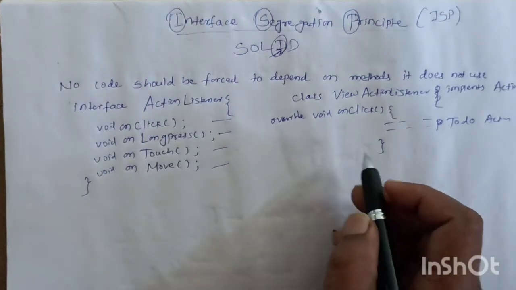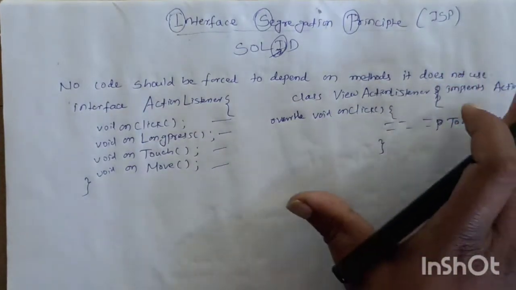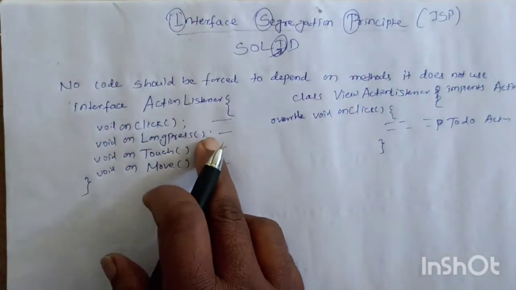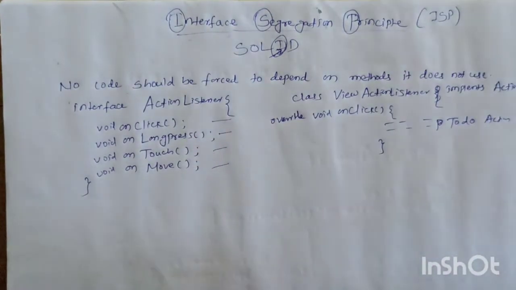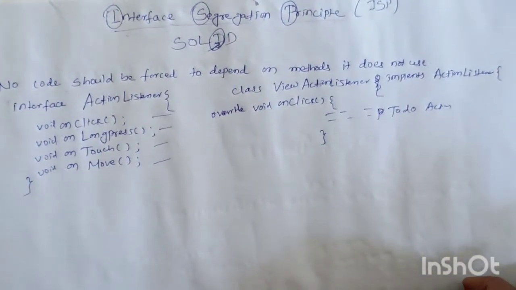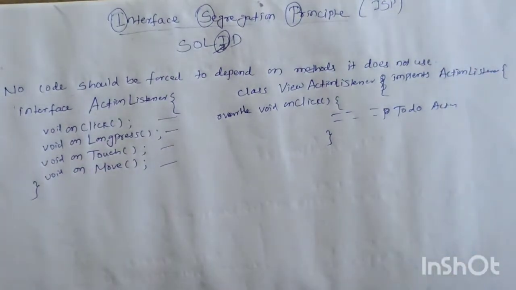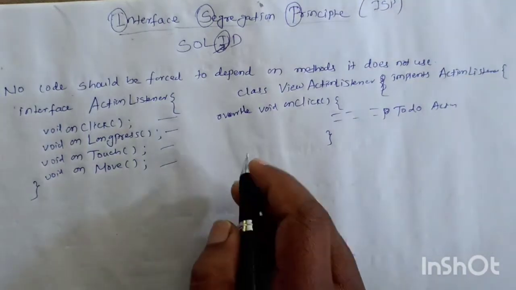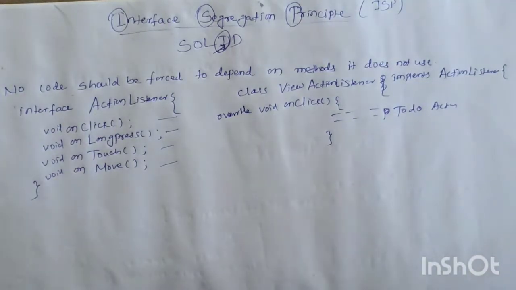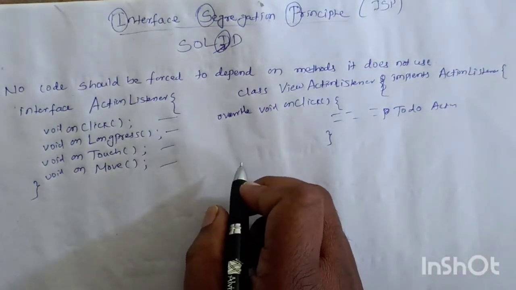Similarly, we cannot say this class is concrete until we implement all of the methods. That means we need to implement all methods, otherwise this class is considered abstract, and it will not be a concrete class. So in our requirement we found that we need to handle the click event of the button.